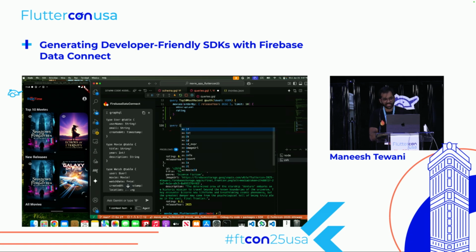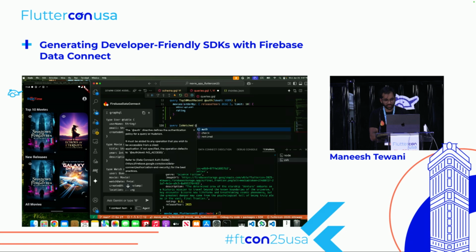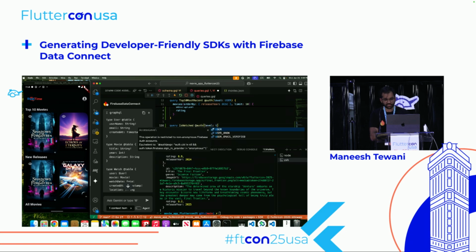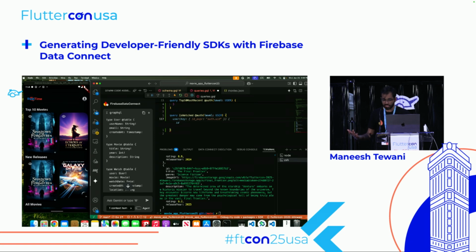Let's call the query is watched, and make sure that we use the user authentication. But one thing that I'm missing here is a parameter. We want to get this watched property based on what movie a user is looking at. So we'll have a movie ID of UUID.